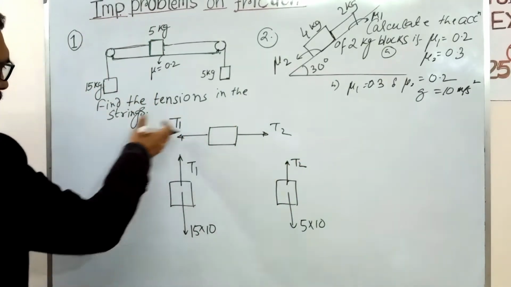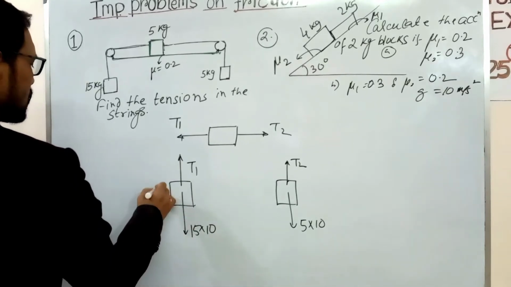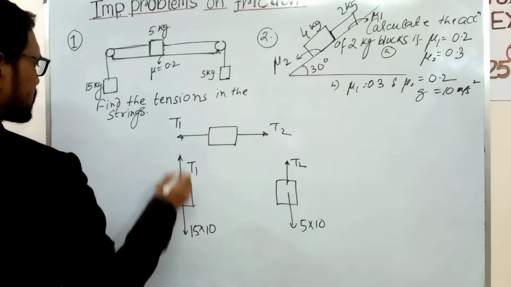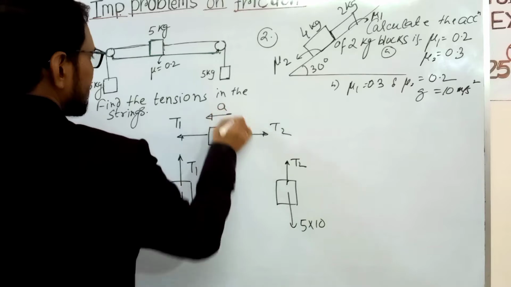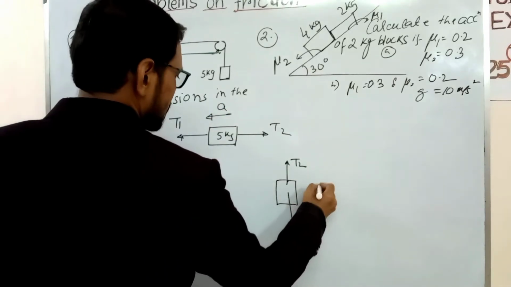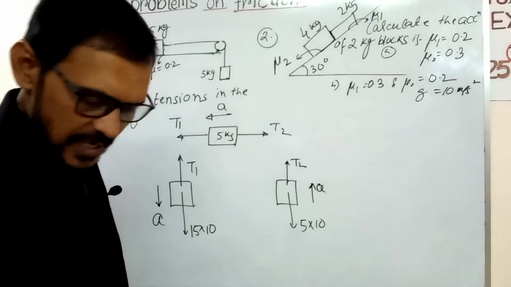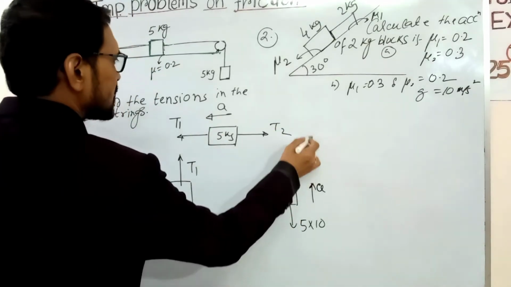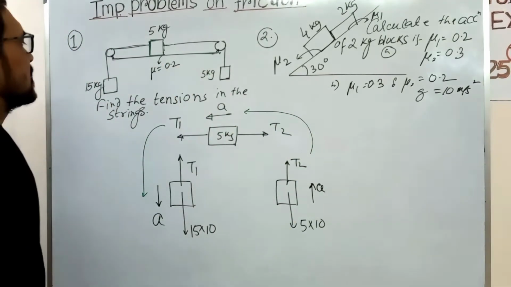Suppose the whole system accelerates in this direction because this weight is more. The acceleration is suppose a, so this 5 kg block moves in this direction with a, and this accelerates in this direction.